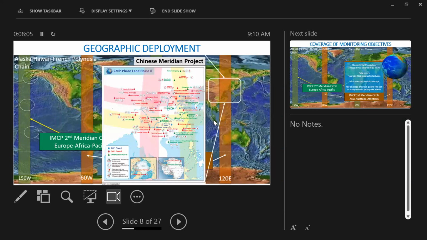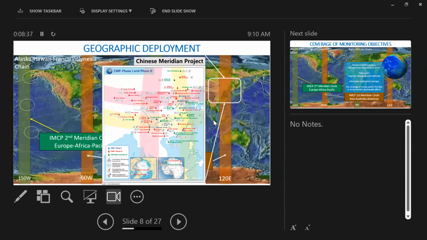A good example of local participation in this project is the Chinese Meridian Project. You see here on this map of China, our Chinese colleagues have designed and deployed in 2 phases a set of instruments that monitor solar activity, interplanetary space, and ionospheric disturbances with both small network instruments and large instruments, including 2 incoherent scatter radars.